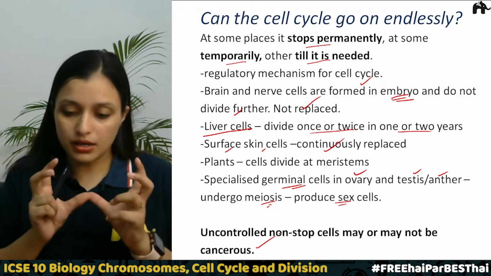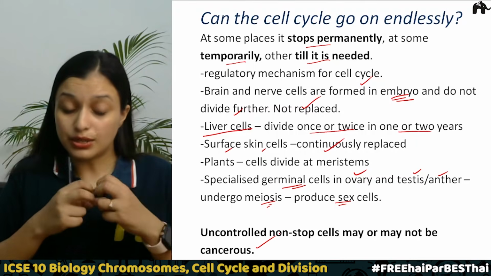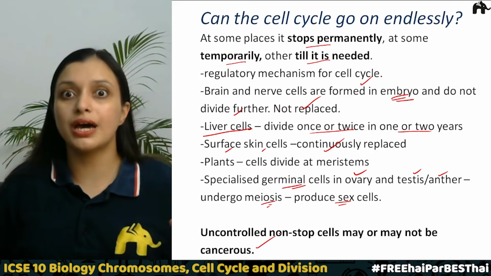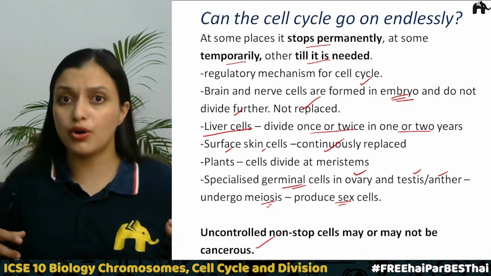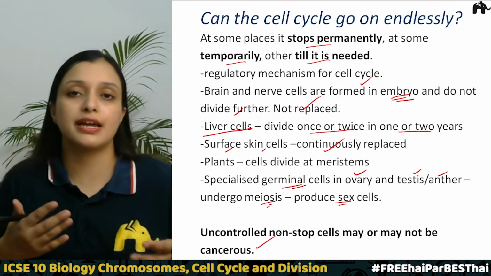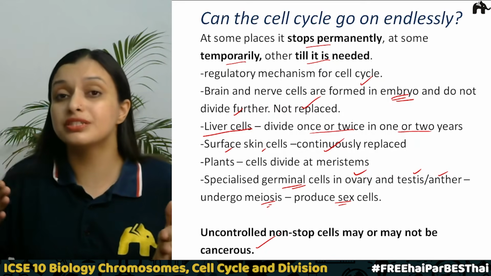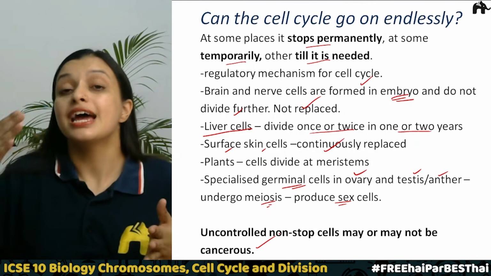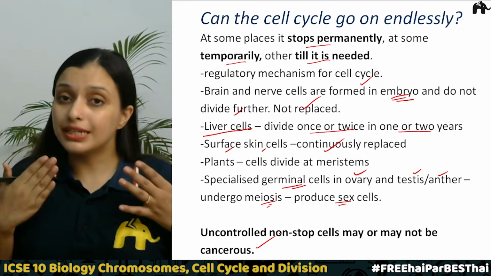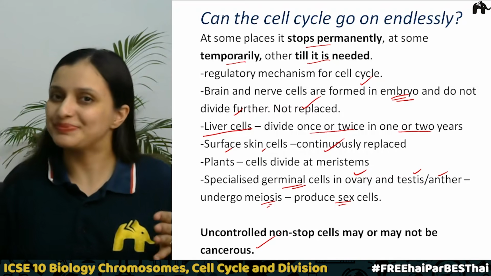Benign means they will be confined to that particular area, but malignant means these cells will go into other parts of the body and cause uncontrolled cell division in those areas also. So this is what happens to the cells at different places, in our body and in plants also. It is not true that the cells keep on dividing endlessly.